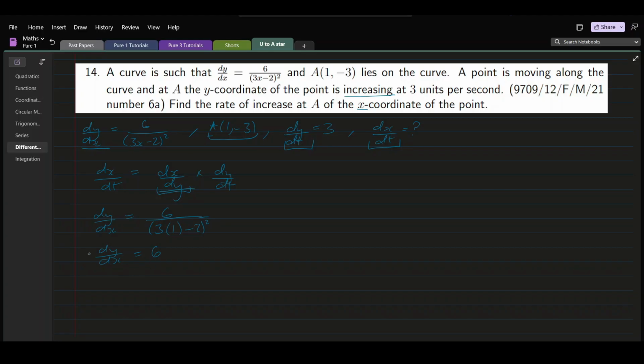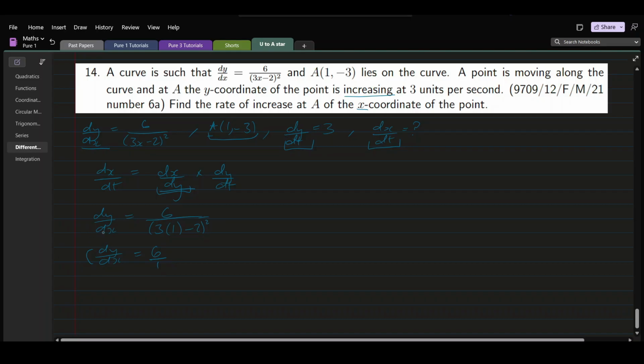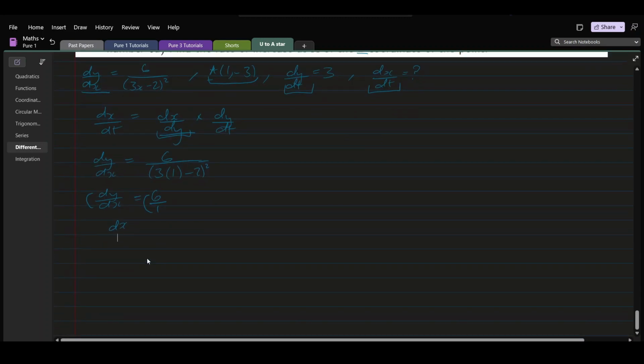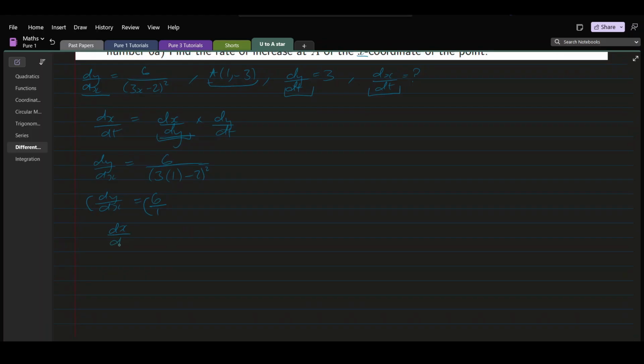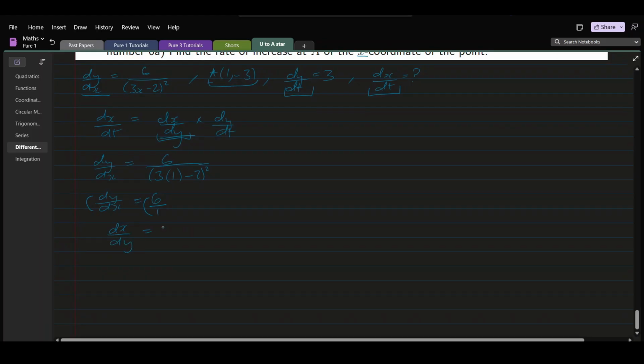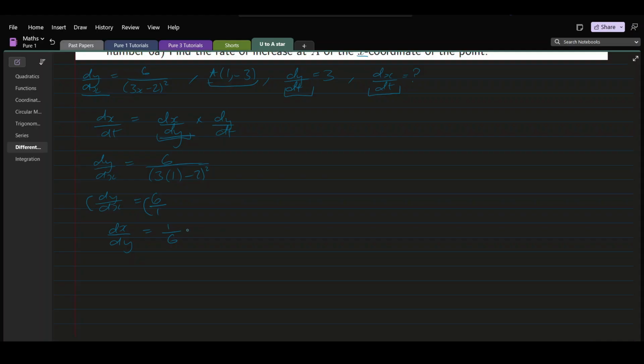Now notice that we want dx dy, not dy dx. So we're going to flip the fraction. This can be written as 6 over 1. What you do on one side, you also do on the other side. So if we flip on the left hand side, we'll flip on the right hand side. So this becomes dx dy is equal to 1 over 6. And now we can simply go back to our chain rule and substitute.